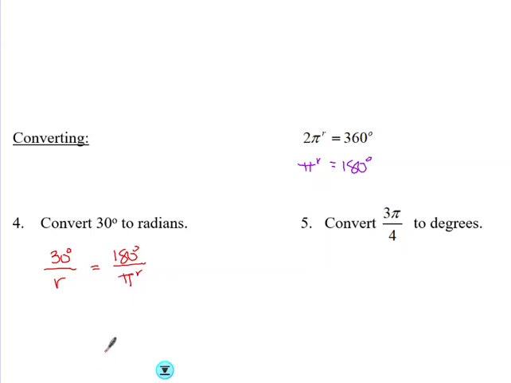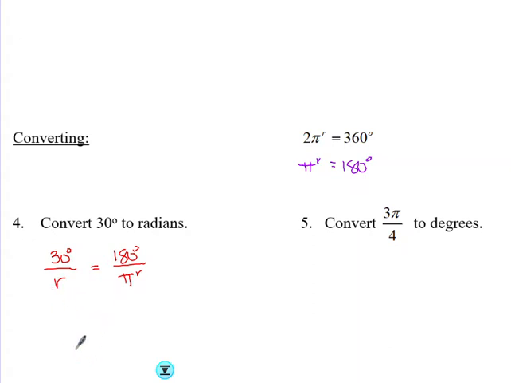My suggestion when setting up your proportion is to use the first fraction as what you're given and what you're trying to find, and the second fraction as your conversion factor. Then just make sure that either the degrees are both on top or the radians are both on top.